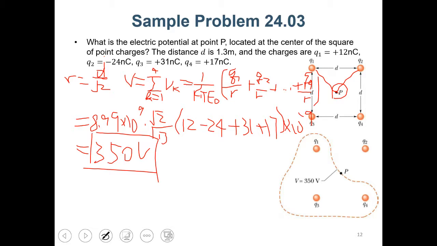And this graph shows the answer, and shows that the equipotential surface will be something like this. Don't ask me why it will be like this.